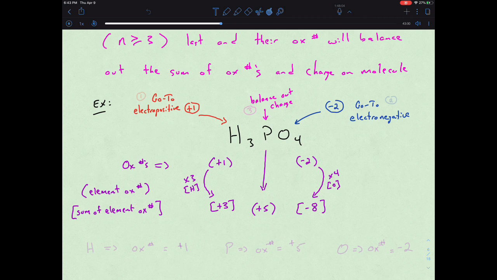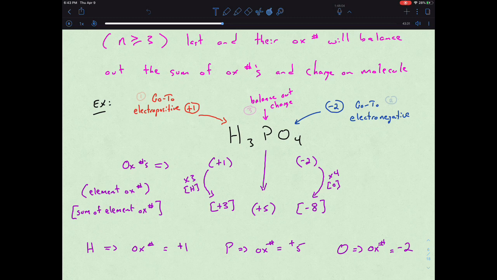So for our hydrogen, the oxidation number is equal to +1. For our phosphorus, its oxidation number would be equal to +5. And for our oxygen, its oxidation number is equal to -2.